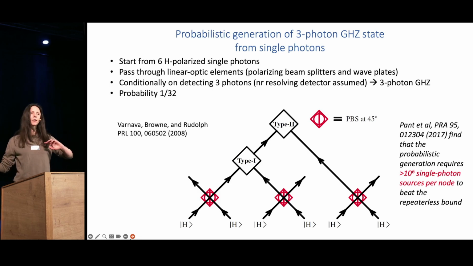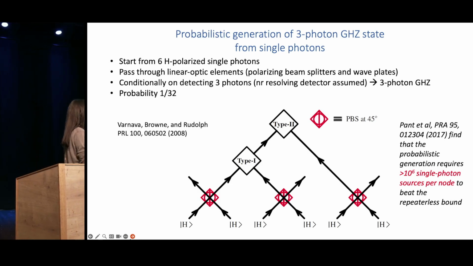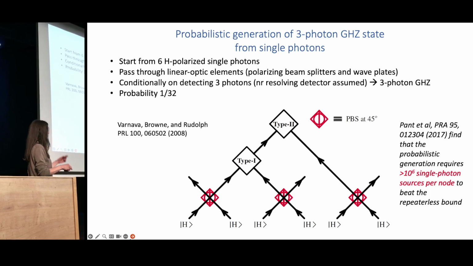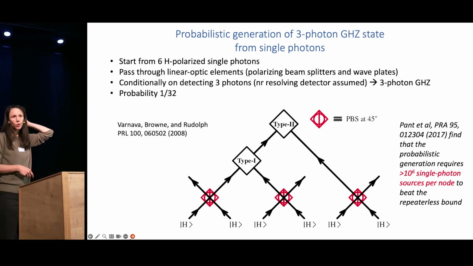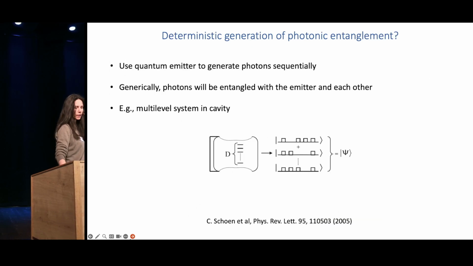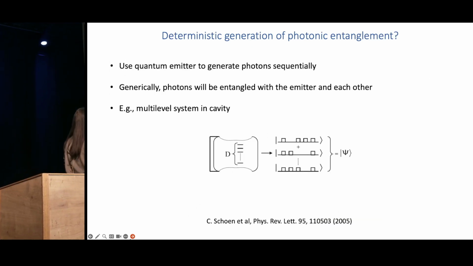So on the one hand, I'm getting rid of quantum memory. That's on the order of several quantum memories. But I would have to pay the staggeringly large price of 1 million single photon sources per node, which is not realistic.